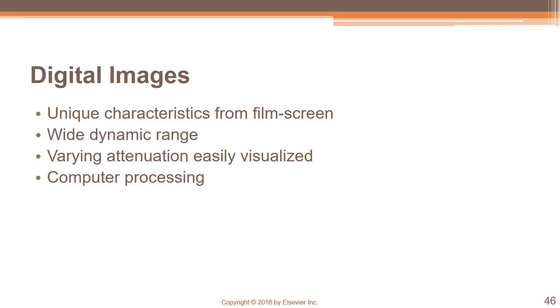Digital images are composed of numeric data that can be manipulated by the computer, and when it's displayed on the computer monitor, it allows flexibility in terms of altering it, and that helps you alter the brightness and contrast as well.